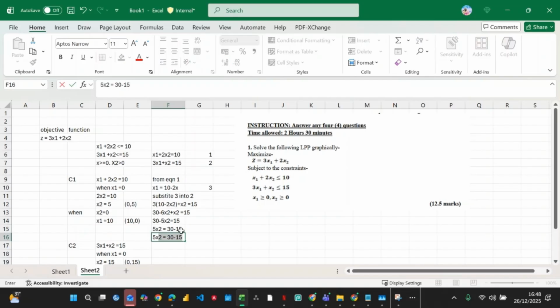And then 30 minus 15 should give us 15, right? Then we now have 5x2 is now equals to 15. And 15 divided by 5, we now have our x2 is now equals to what? 3. That should be the answer. That should be 3. Simple.